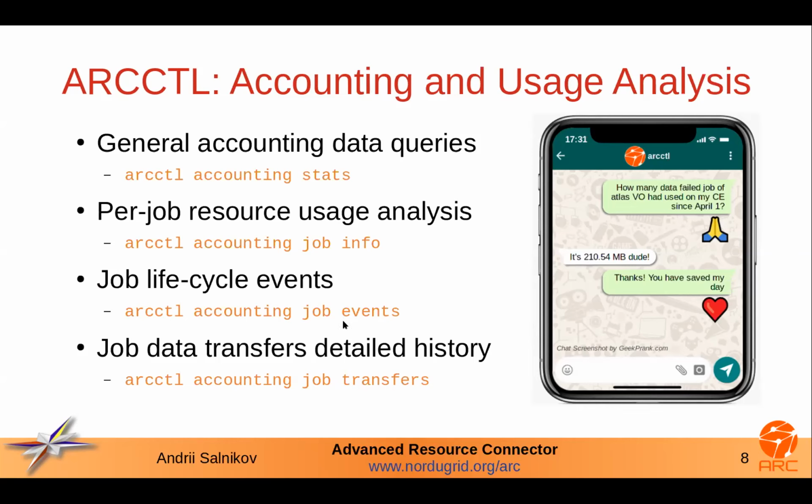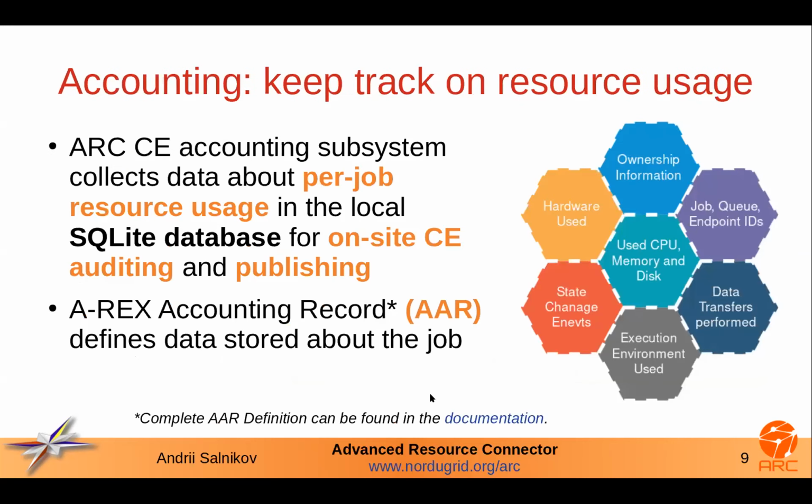And apart from this, data transfer functionality is very powerful in ARC. We have even recorded the data transfer statistics, so how much data is downloaded or uploaded by the job as well. So this is actually almost everything, and all of this we collected in the so-called ARC accounting record.